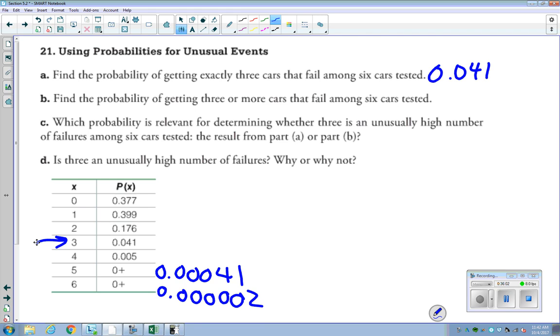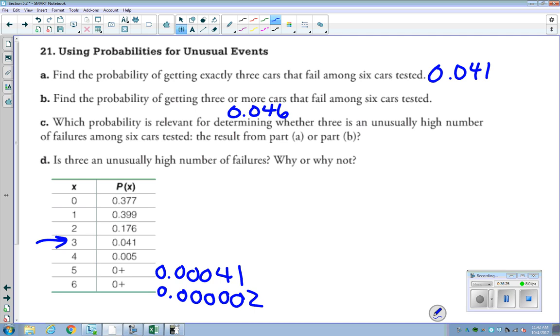Okay? So in essence, I'm really adding 0.041 and 0.005 to get 0.046.